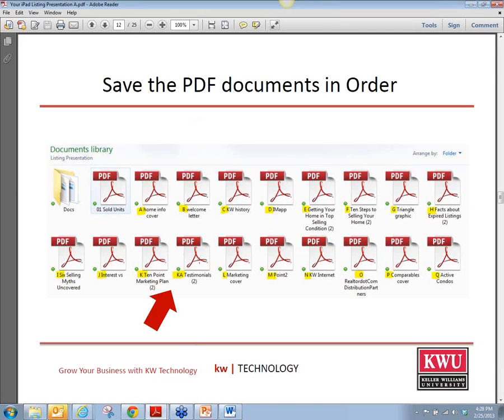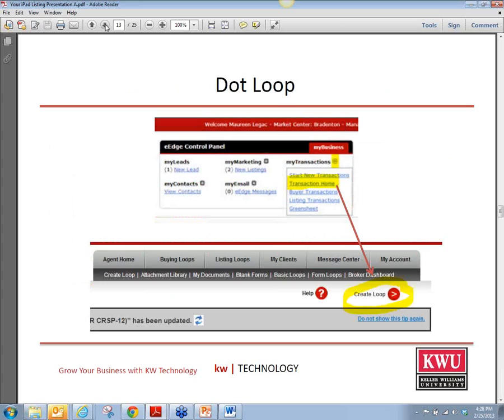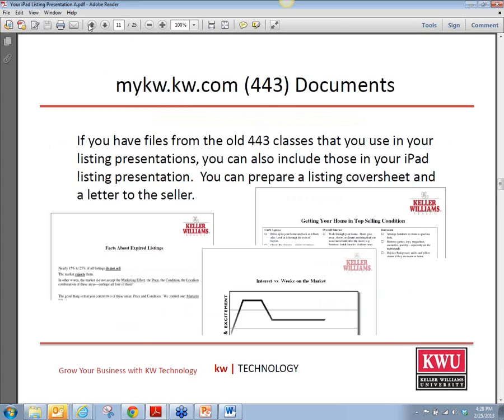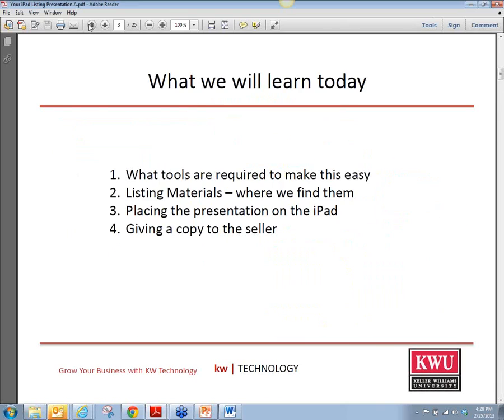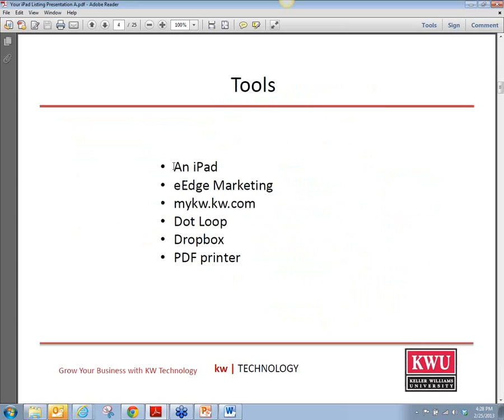Okay, and then once they're labeled, I'm going to use dotloop. Let me go back for a minute to talk about the tools. The tools we need are an iPad, which we talked about we have. Your eEdge marketing, where the listing presentation is.